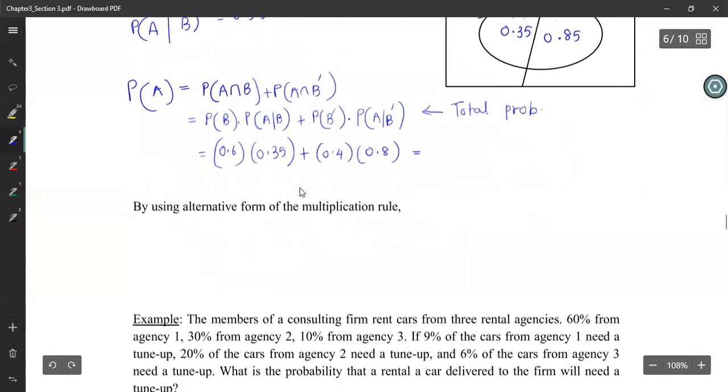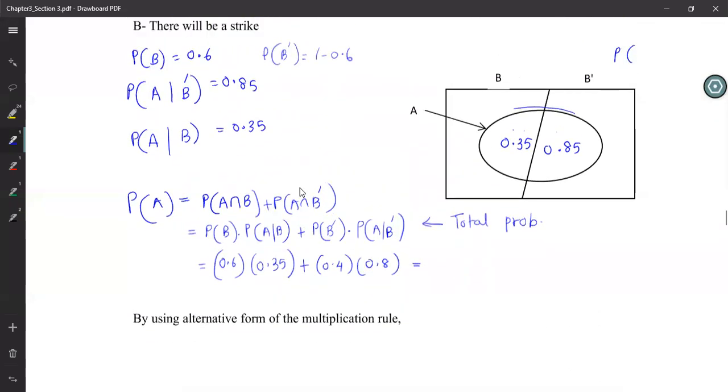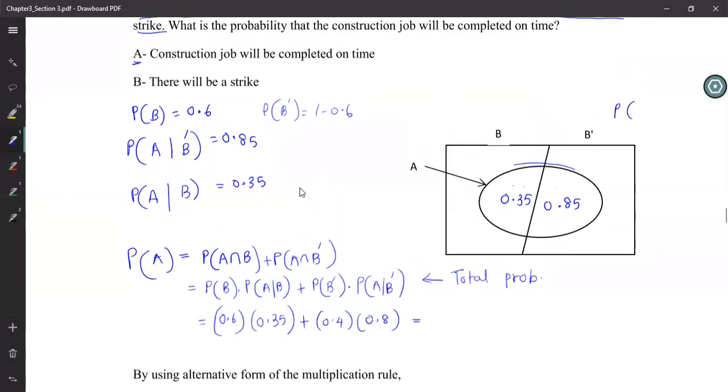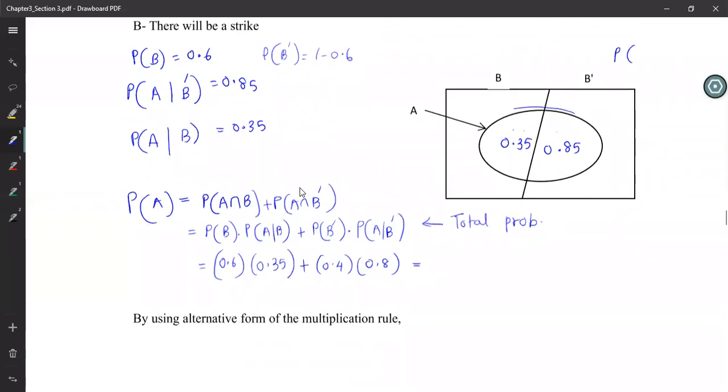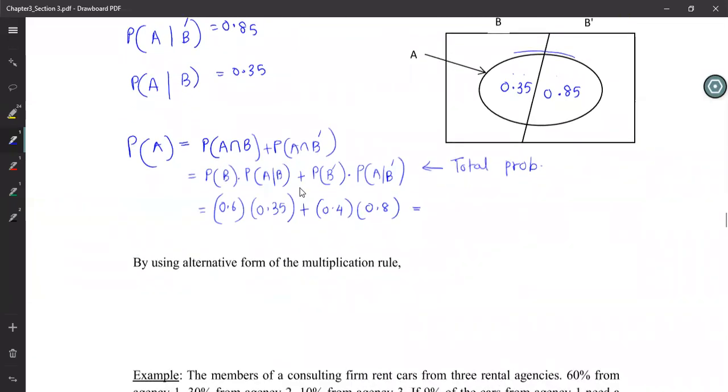Now I'll show you how to do the same thing using the tree diagram. Right. So what are the two events? There will be a strike or not. The construction job will be completed on time or not. Now look at this carefully. So I'm going to draw the tree diagram.